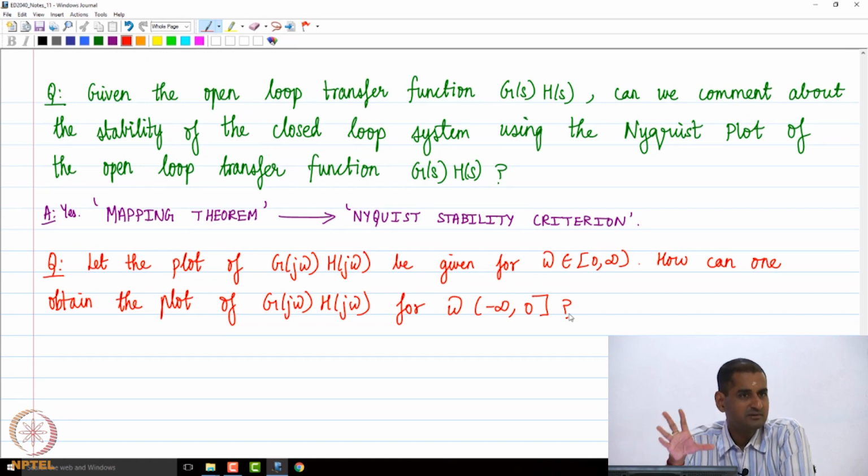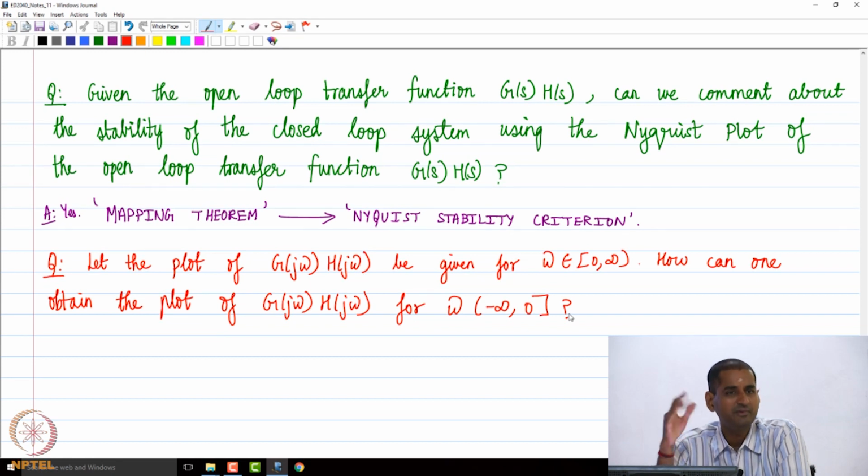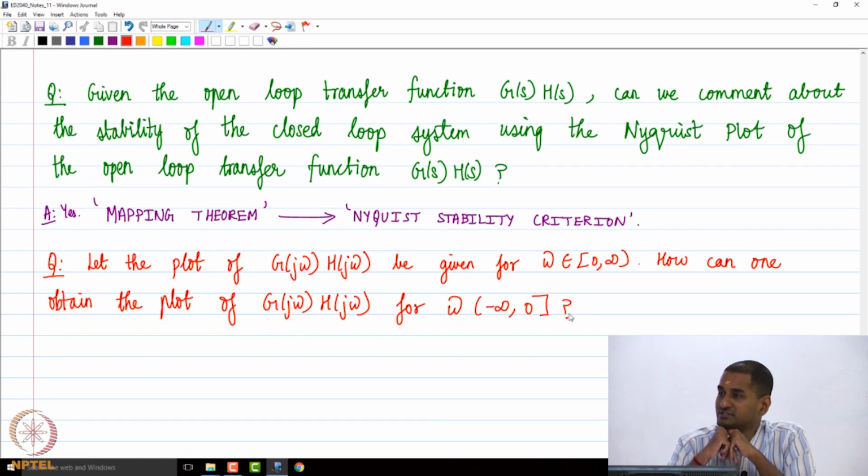I substitute s equals j omega, and that parameter can vary from minus infinity to plus infinity. I am already given the Nyquist plot of the transfer function when omega varies from 0 to infinity. How can I get the Nyquist plot of the same transfer function when I go from minus infinity to 0?